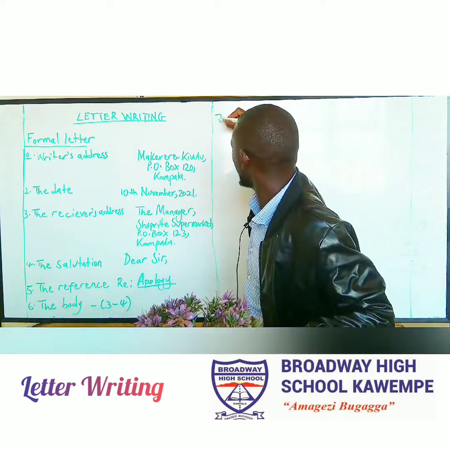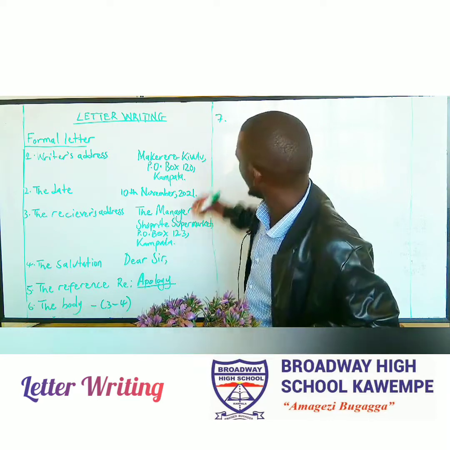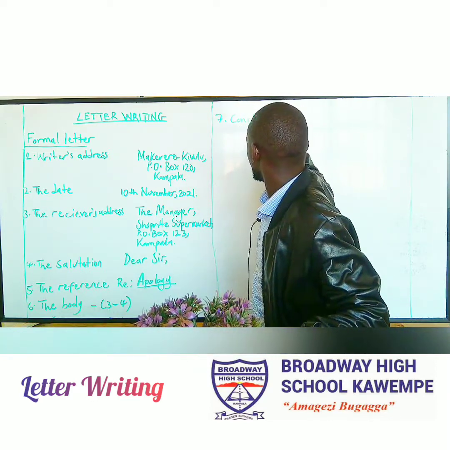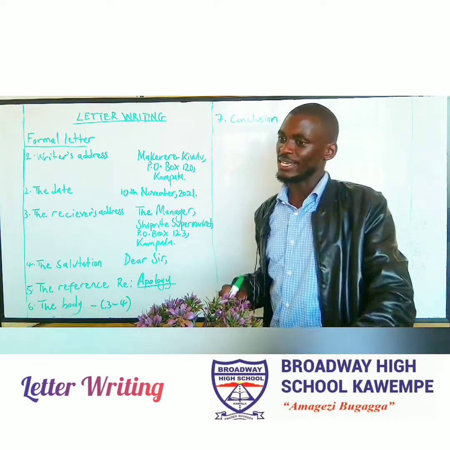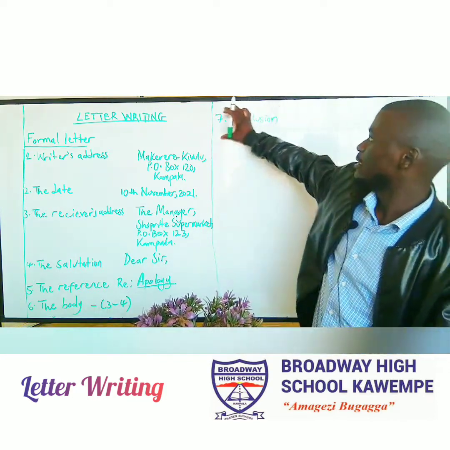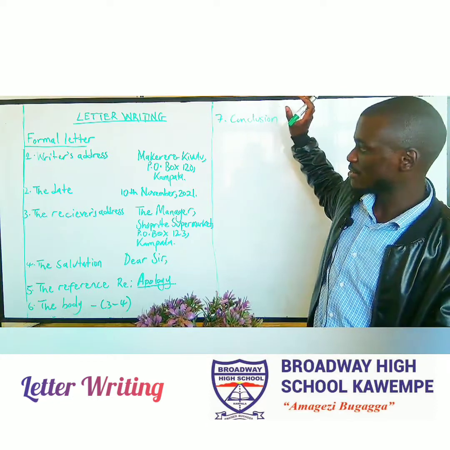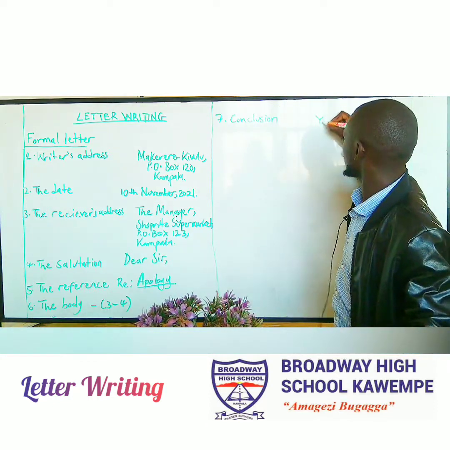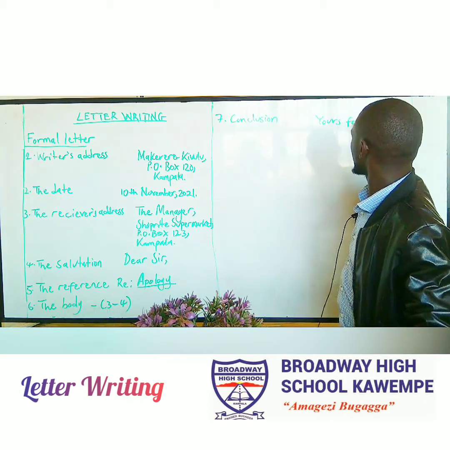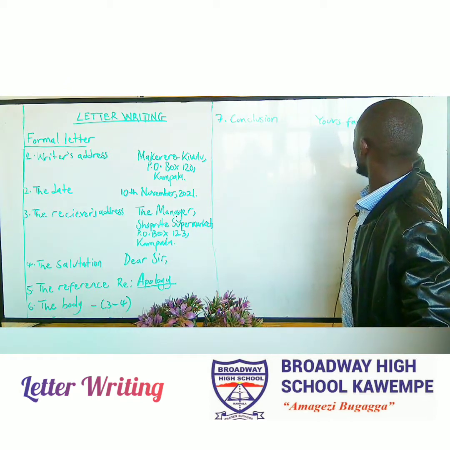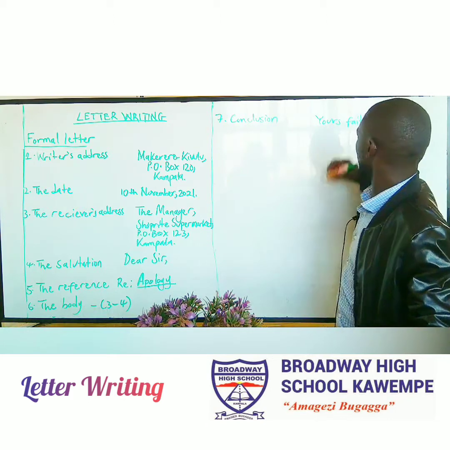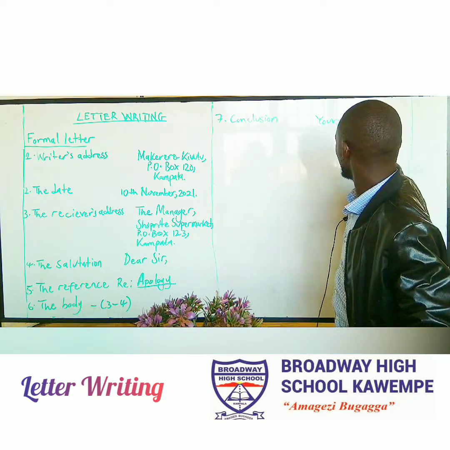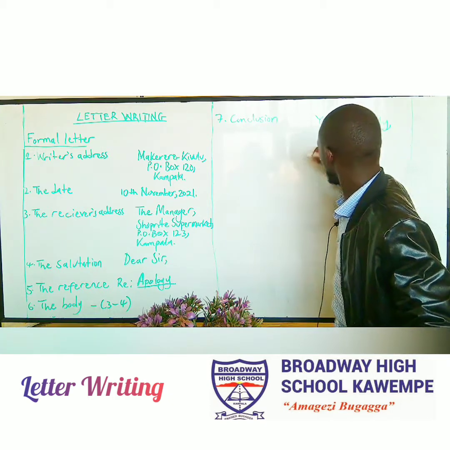Then the next item is the signing off, or what we call the conclusion. This is where we append our signatures, and that one can appear as follows. Yours faithfully. Then you can put your signature, MM, that is if you have one.